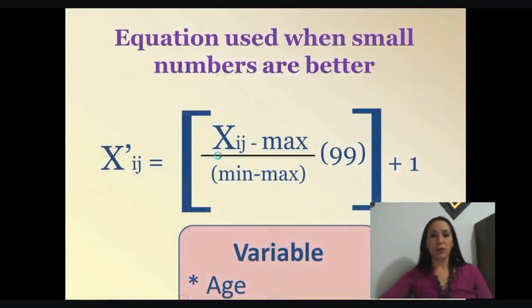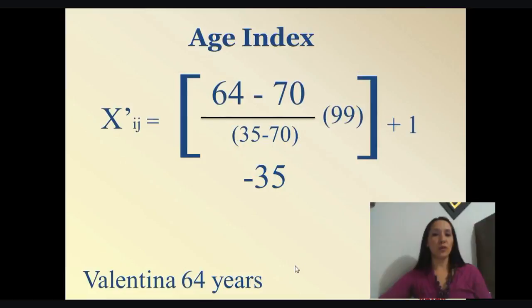So first of all, we are going to work with the variable age. For this exercise, the youngest person is better. For that reason, it means the lowest number, so I am going to use the second equation. We are going to do the example with Valentina. She is 64 years. So in the first position, we are going to have 64.